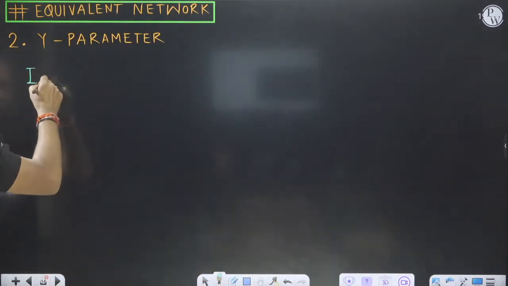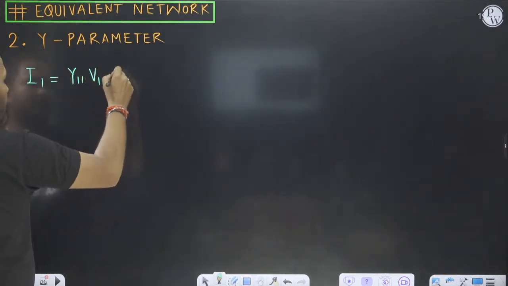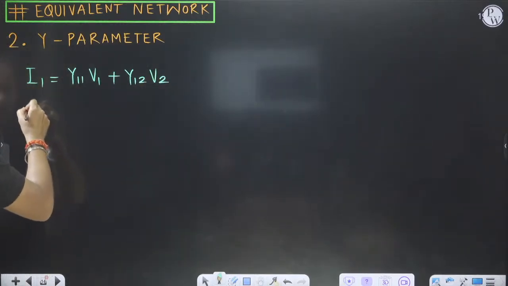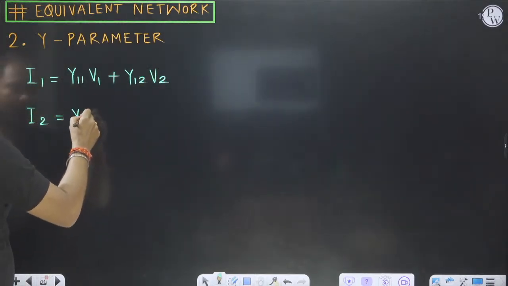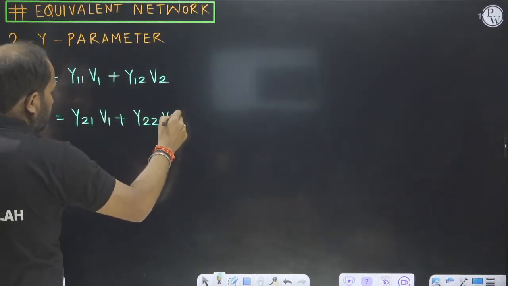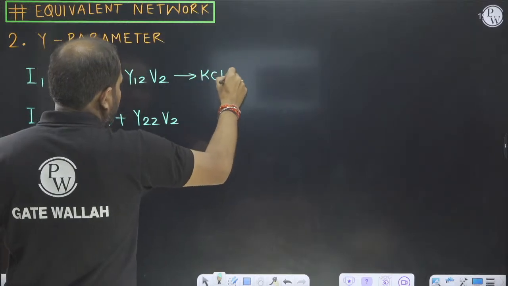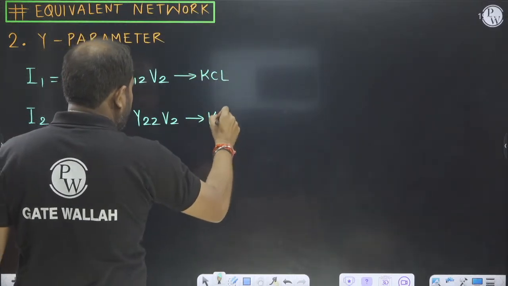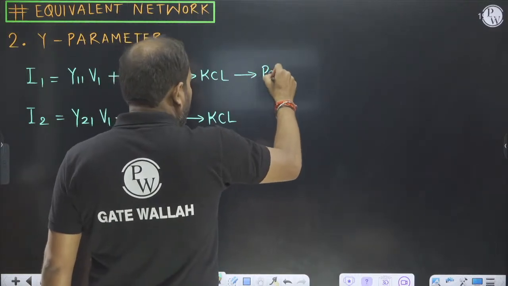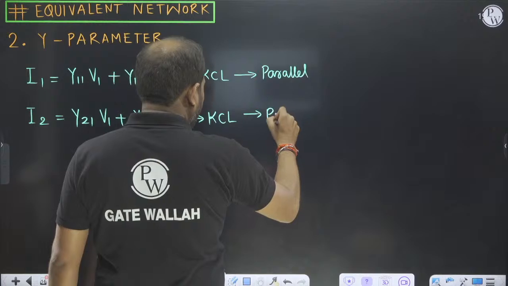I1 is equal to Y11 into V1 plus Y12 into V2. I2 is equal to Y21 into V1 plus Y22 into V2. This is nothing but KCL, and this is parallel, and this one is also parallel.